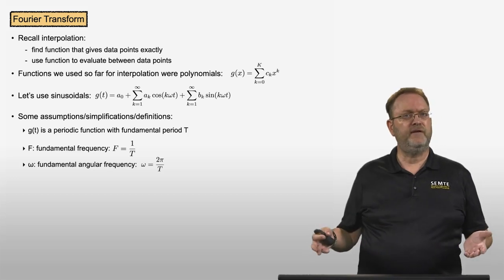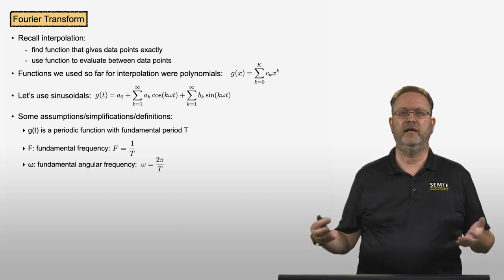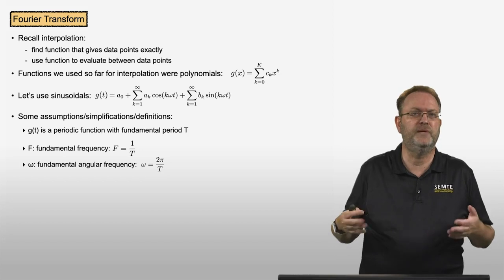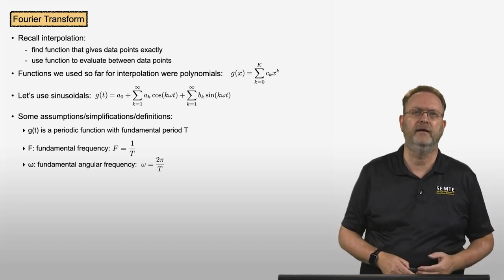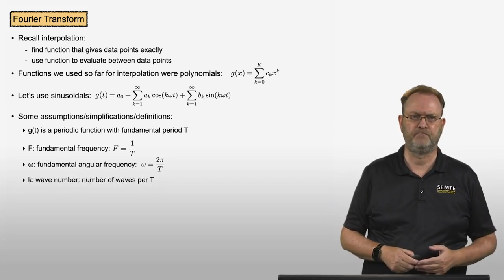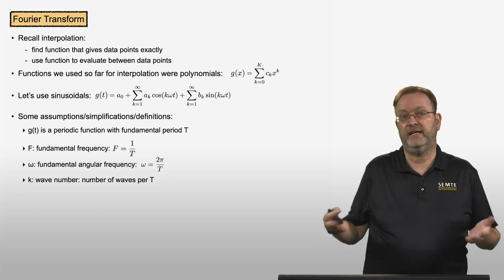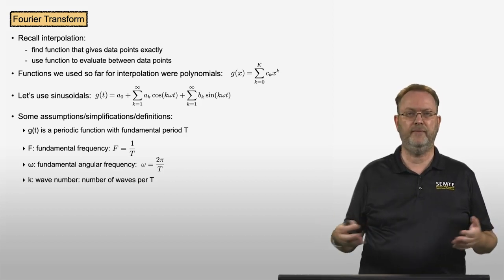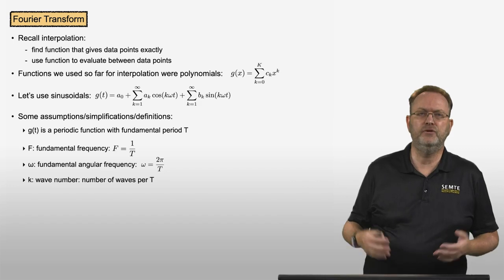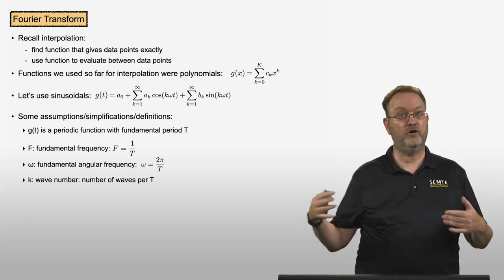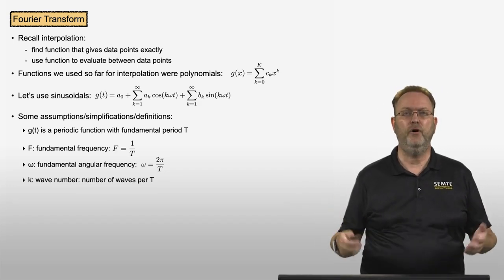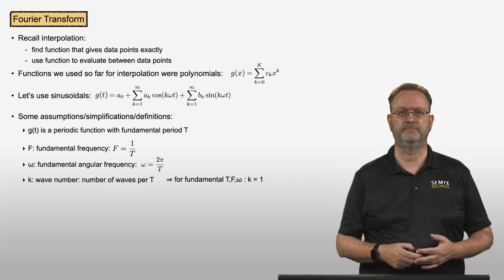I can then also define the fundamental angular frequency, omega. That would just be 2 pi divided by the fundamental period. And in the formula up there, we have a k, which is the wave number, which basically tells you the number of sine or cosine waves per fundamental period.